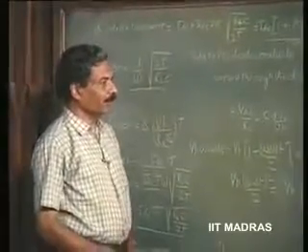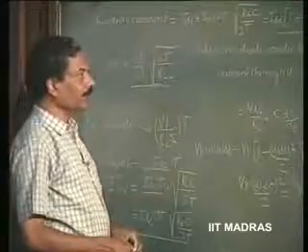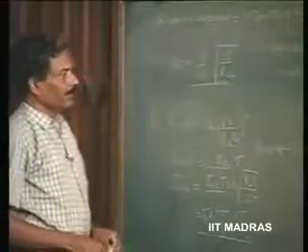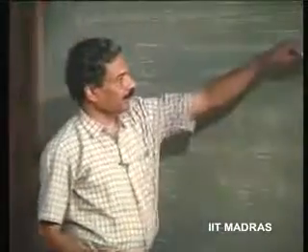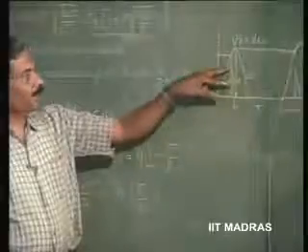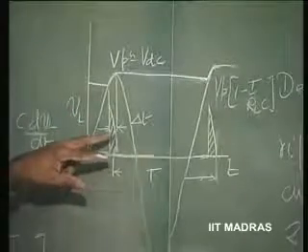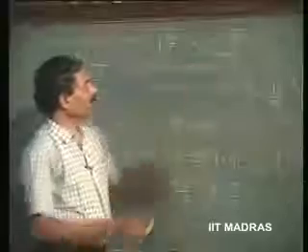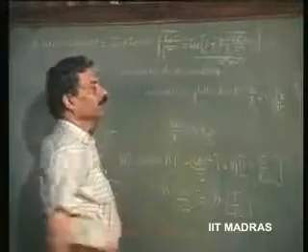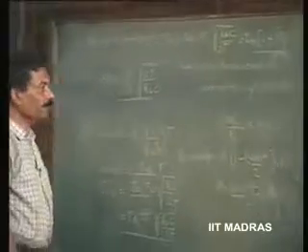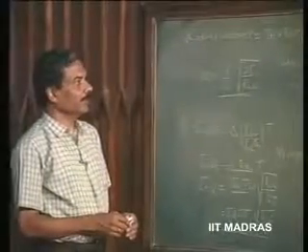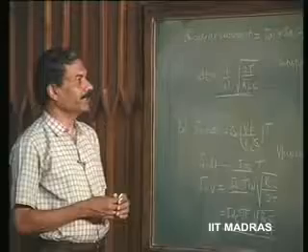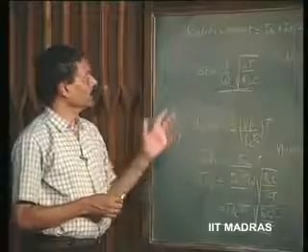This is an important rating. The peak value also is evaluated easily, because if this is linearly reducing, and if this is the peak value, the average value is half the peak value. So, if we treat this as the average, then the peak value is going to be twice this. That way we can evaluate both the peak repetitive rating and the average repetitive rating of the diode.